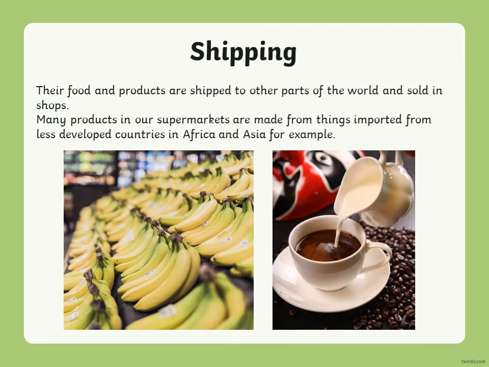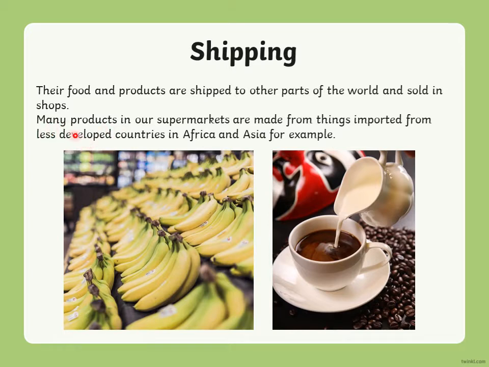Shipping. Their food and products are shipped to other parts of the world and sold in shops. Many products in our supermarkets are made from things imported, that word imported, so brought over from other countries, from less developed countries in Africa and Asia, for example. So we are a well-developed country.